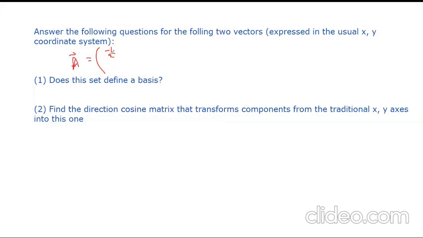Is that -1/2? It is. Okay. Every time I try to erase it, it erases the background text. But yes, that is supposed to be -1/2. And then √3/2. Let's see if we can do better here.